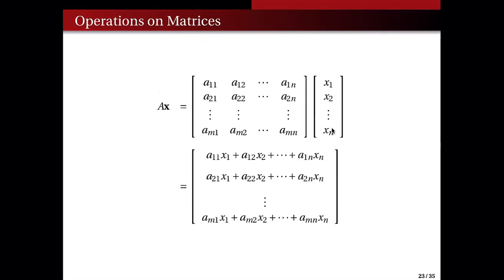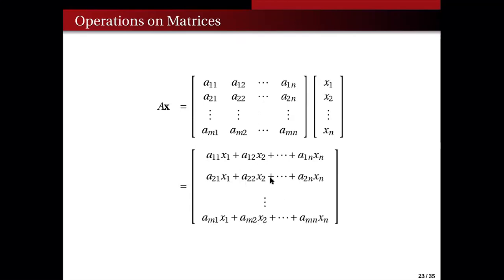If we do that, we have here a11 times x1 plus a12 times x2 plus a1n times xn for the first entry. The second row multiplied to the column gives the second entry, and the last row gives the last entry.